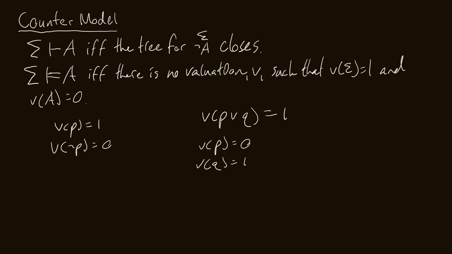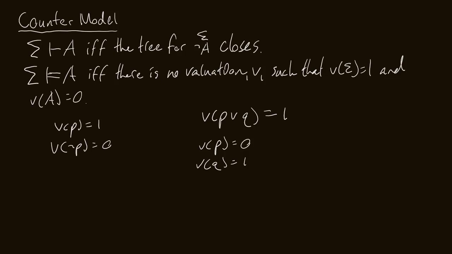Basically, we're going to have a set of premises and a conclusion. We're going to negate the conclusion, and we're going to build a tree as normal. Now, the one I'm going to build will not close. There will be open branches, and as we know, if there's an open branch, then our argument is invalid.